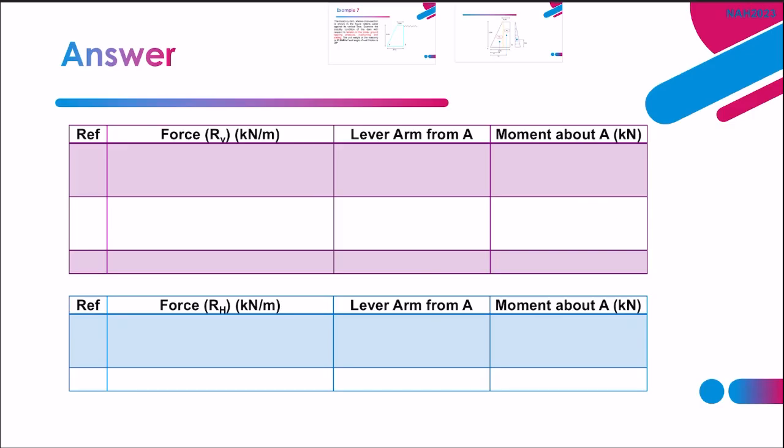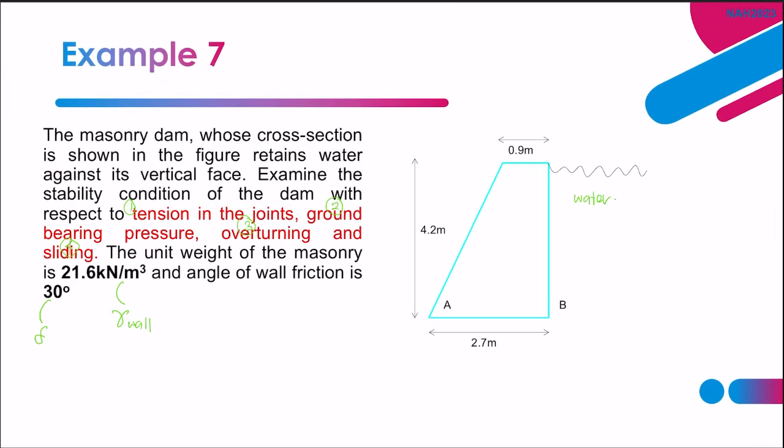Here, I create a table because we know that the first thing to solve stability problems is to find the vertical forces and horizontal forces. For vertical forces, we have to look at the cross-section of the retaining wall because, as I have explained previously, the vertical forces are in regards to the weight of the wall.